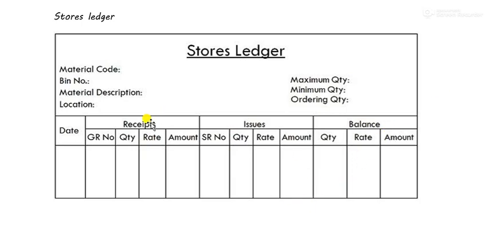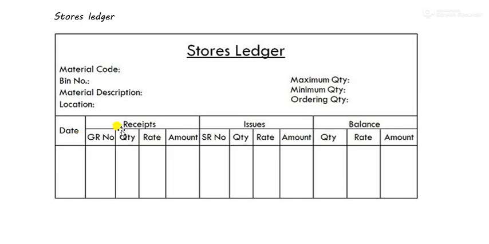Receipt means purchase, issues means sale, and balance means keeping the record of how much is left. You have to draw this just for the record.